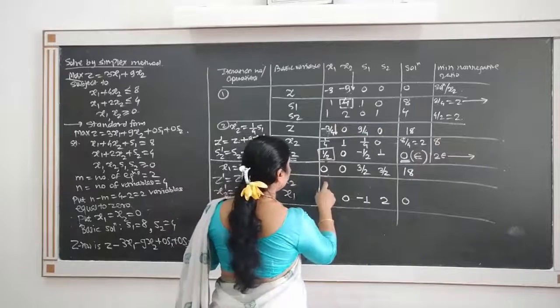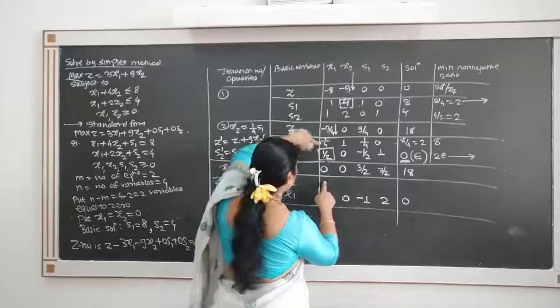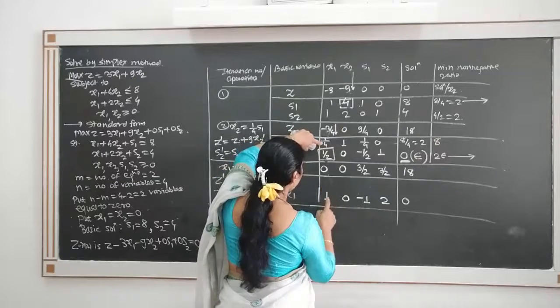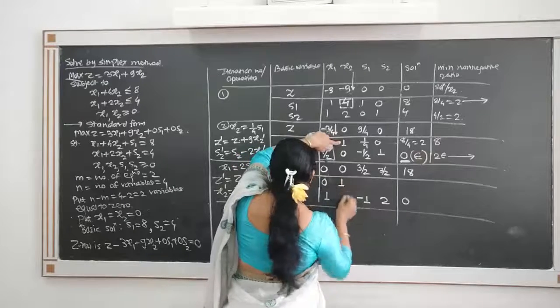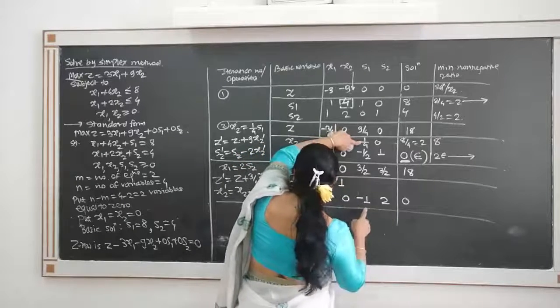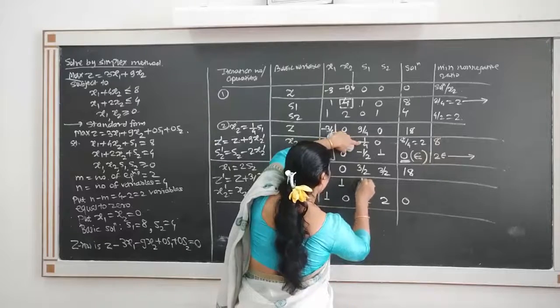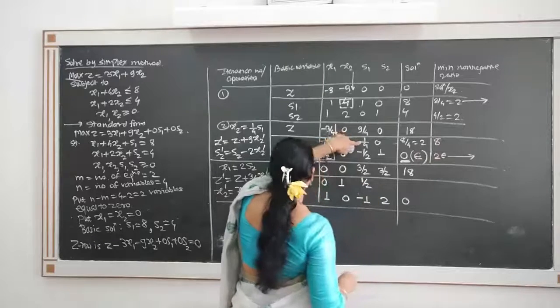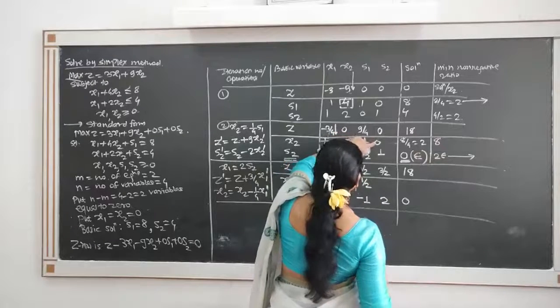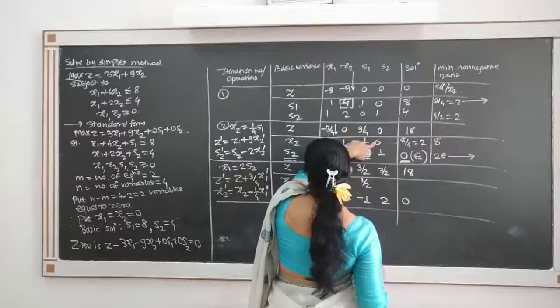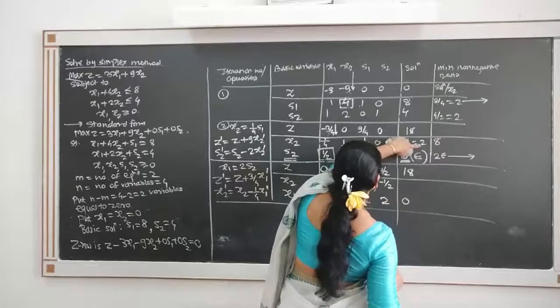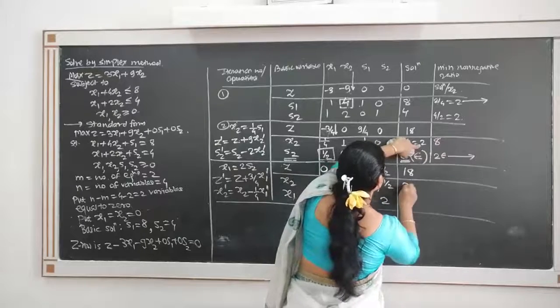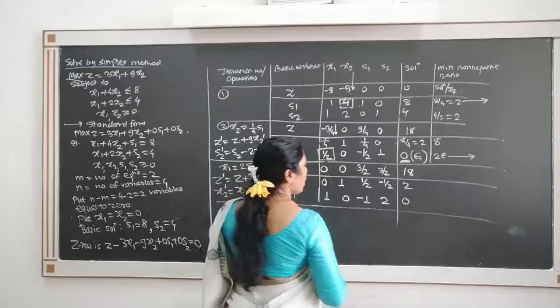X2 dash is, this row is X2, current row minus 1 by 4 times. So 1 minus 1 by 4, 0. This becomes 1. 1 by 4 plus 1 by 4, 2 by 4 becomes 1 by 2, 0 minus 1 by 2, that is minus 1 by 2, and 2 minus 0 remains to be 2.